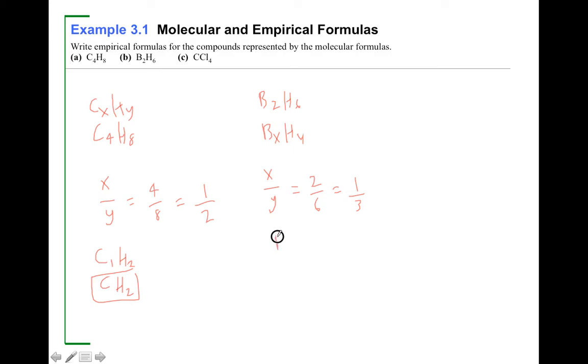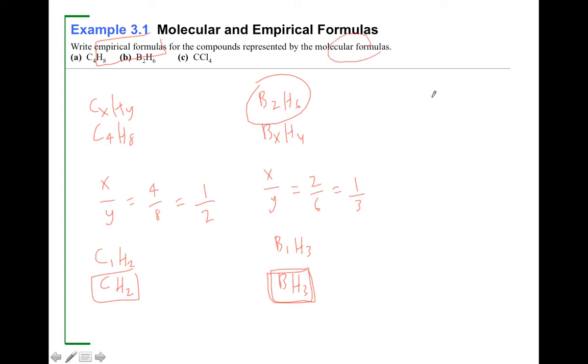And so it looks like it's going to be B1H3 or BH3 is the empirical formula, right? Here's the molecular formula. Just circle the molecular formula, square around the empirical formula. Write the empirical formulas, which is square, from the molecular formula, circles, okay?